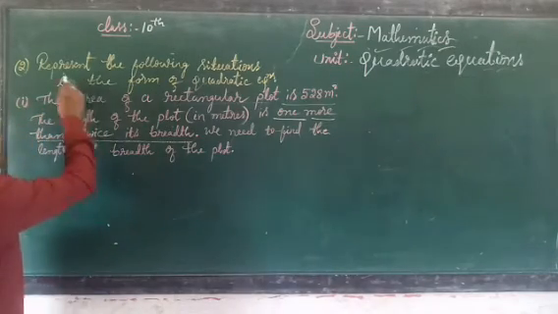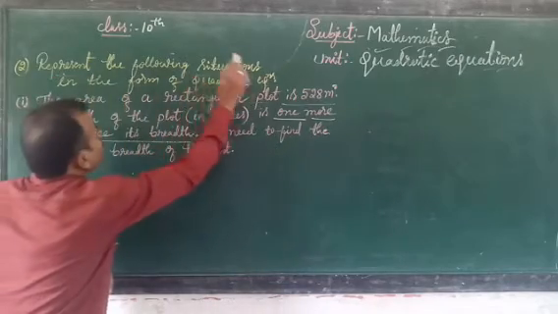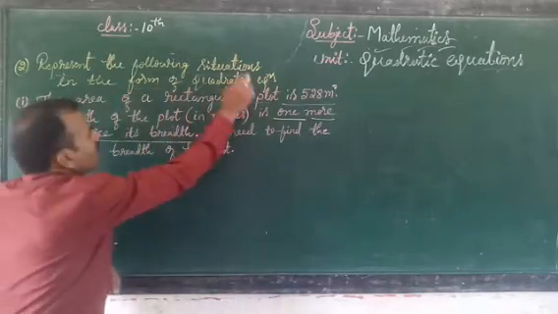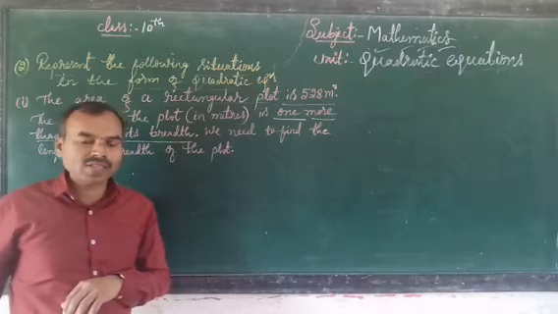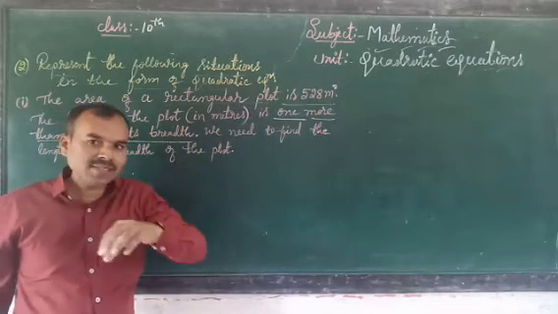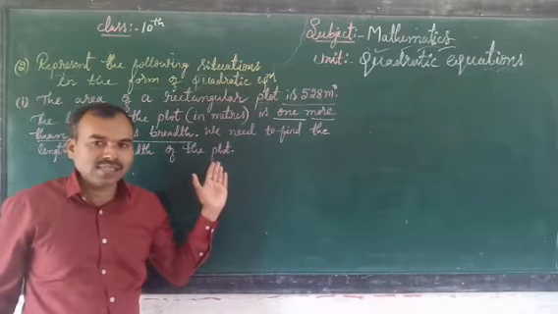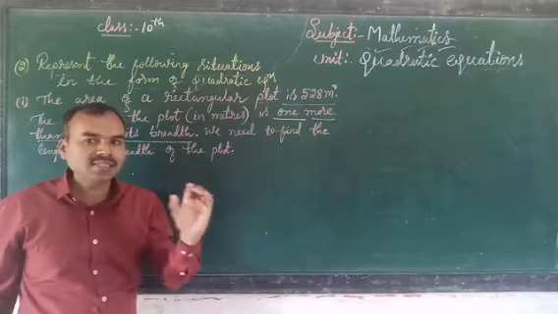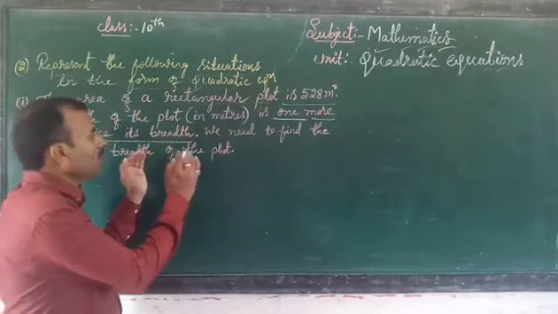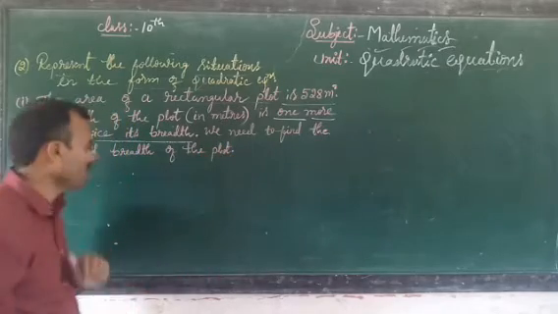The first important thing is, in this main, we just represent the situations in the form of quadratic equations, and in the next exercise we solve these situations. Here we just form the quadratic equations for this situation.